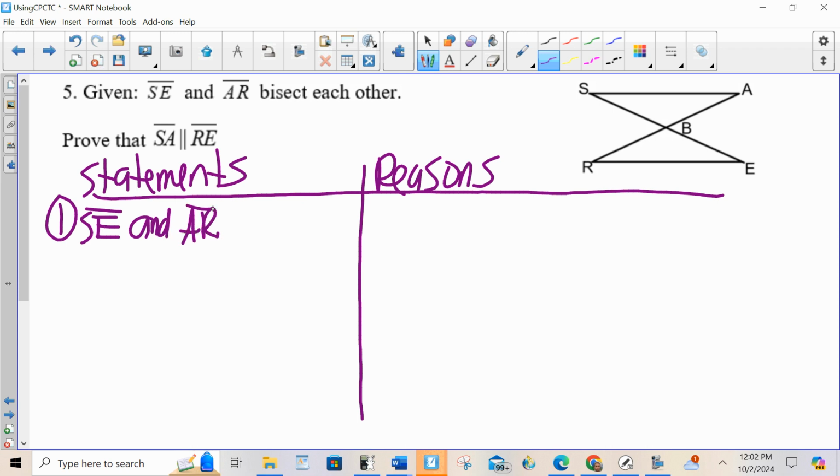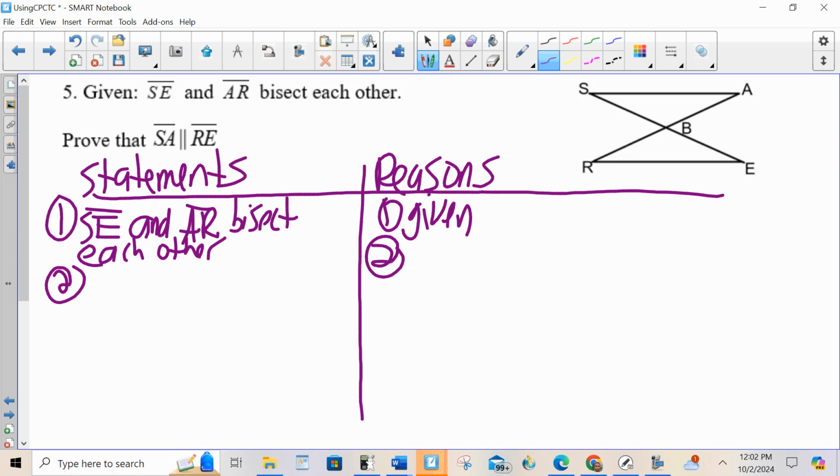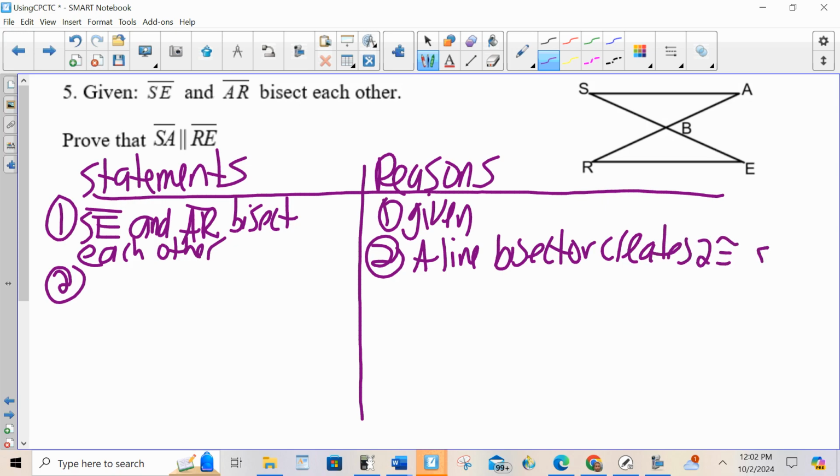SE and AR bisect each other. Given. A line bisector creates two congruent sides.